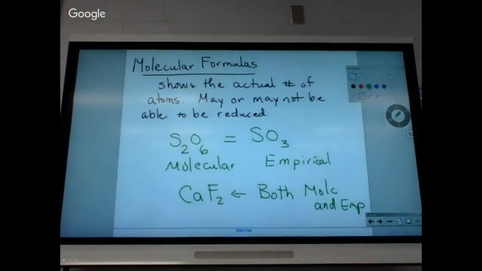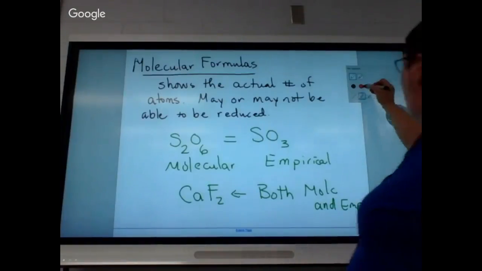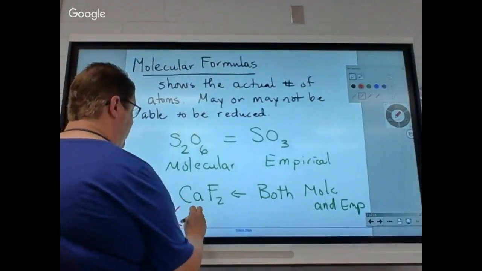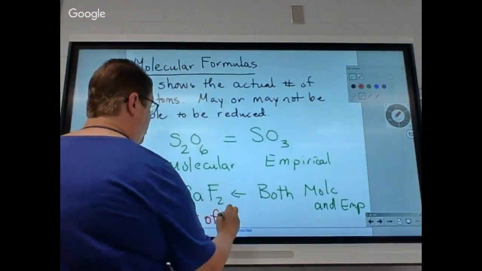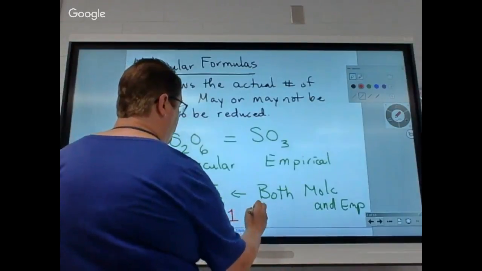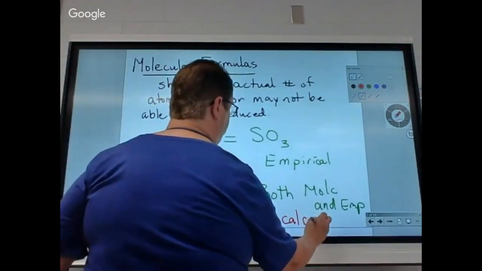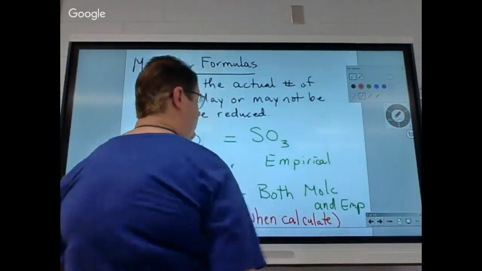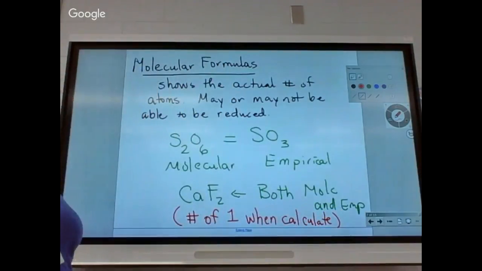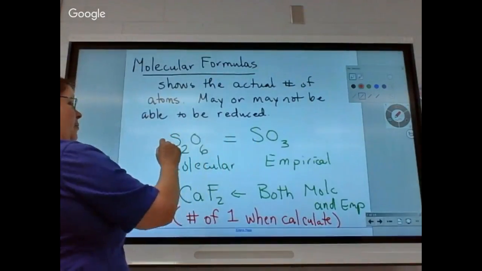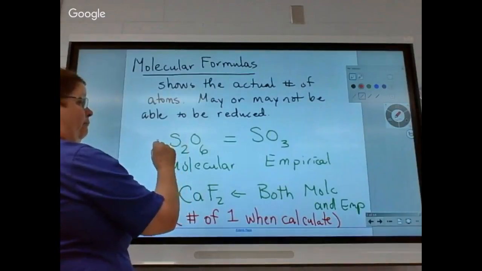Now, if it's both molecular and the empirical, you will get a number of 1 when we calculate. Okay? And I'll show you that in a second. When we have this, is the number going to turn out to be a 1?